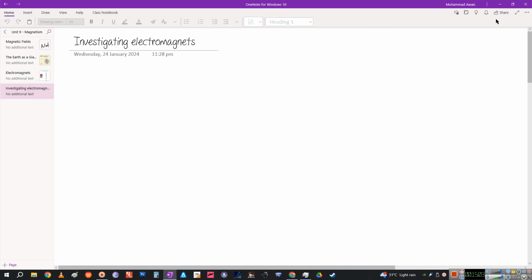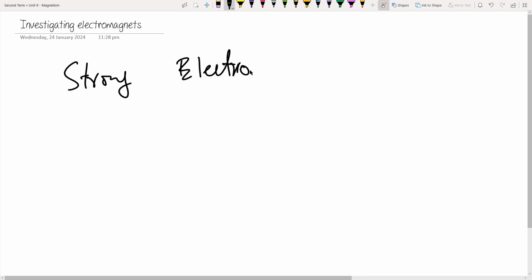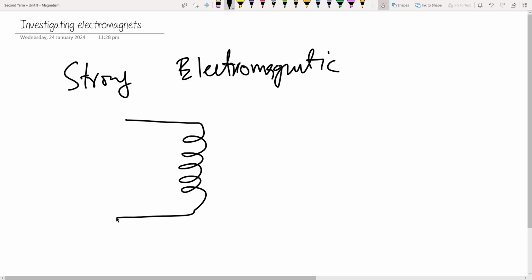Now, investigating electromagnets. We want to see how to make a strong electromagnet, right? So what does the electromagnet's strength depend upon? What factors? Number one, you know that in the lab, when I reduced these turns, fewer pins were attracted, right?